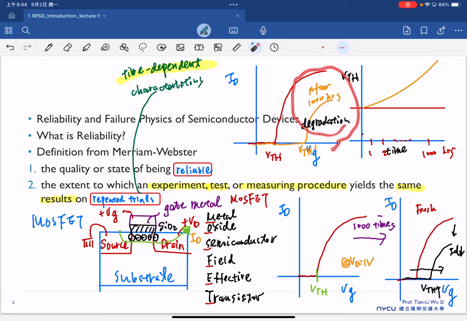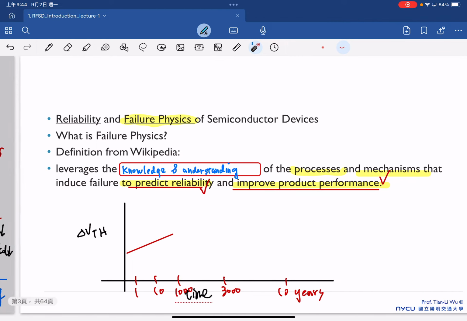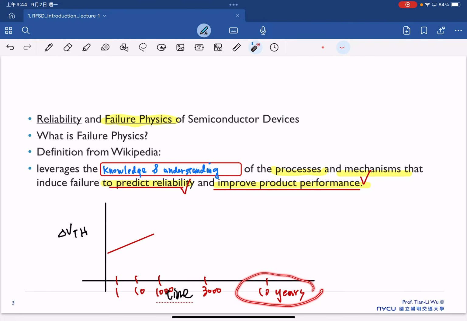In the lab, in the semiconductor testing facility, 1,000 hours or sometimes 3,000 hours is already the maximum duration that we can test. But how do we guarantee 10 years? You cannot possibly test one chip for 10 years, right? Because after 10 years, everything is changed. Besides, you would be getting older, and the product is no longer attractive in the market anymore. So definitely, we cannot do 10 years of reliability testing. The maximum duration we can test is around 1,000 to 3,000 hours.